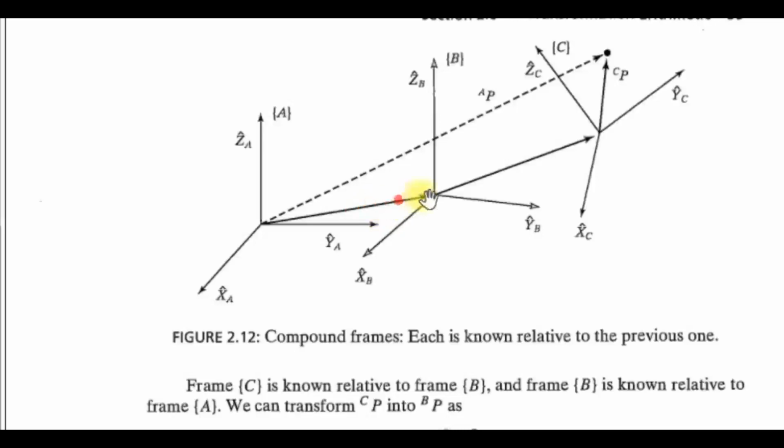So this is the point and this is another point. If you want to know this distance, you have to add this vector and this vector, which will give you this vector. Fine.